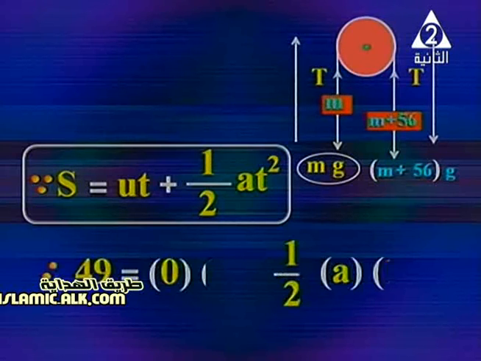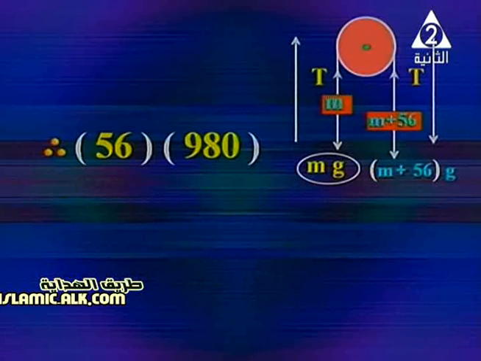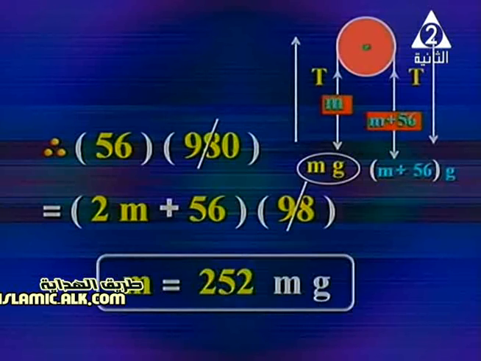Then by substitution, S equals 49 and initial velocity equals 0, to find the value of acceleration, a equals 98. Then by substitution, 56 multiplied by 980 equals (2m plus 56) times 98. Then m equals 252 gram.